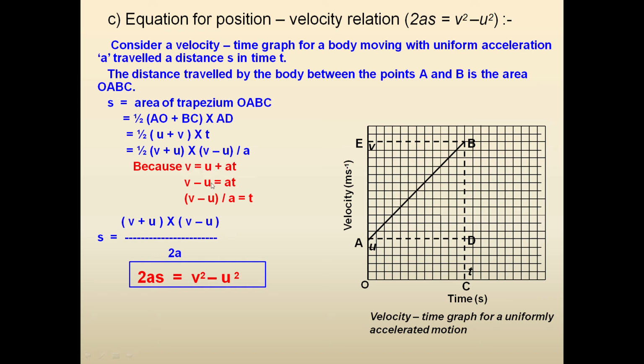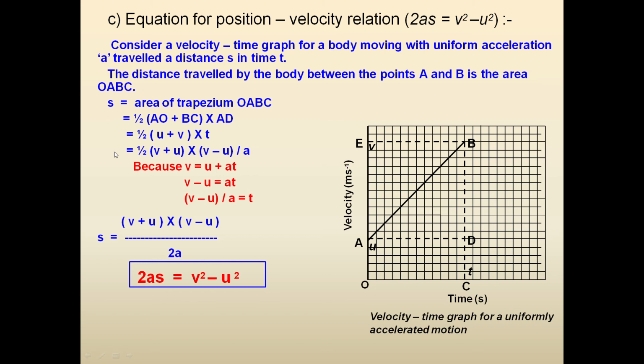Therefore, V minus U is equal to AT, and from there we can write T is equal to V minus U upon A. So the value of T we have found from here, and if we put this value of T in the above equation, then we can write half into V plus U into V minus U divided by A.